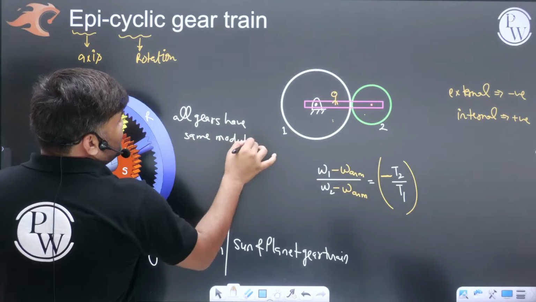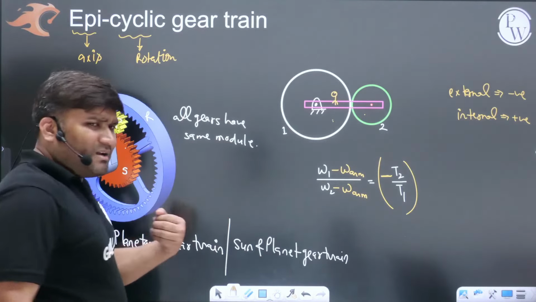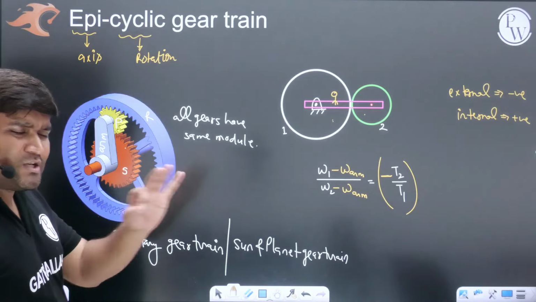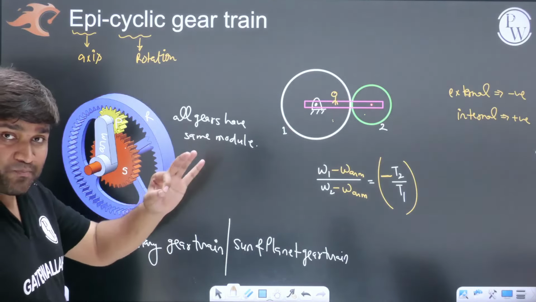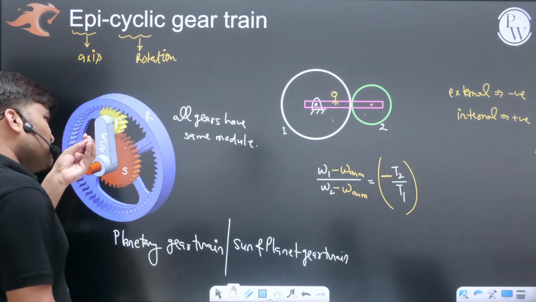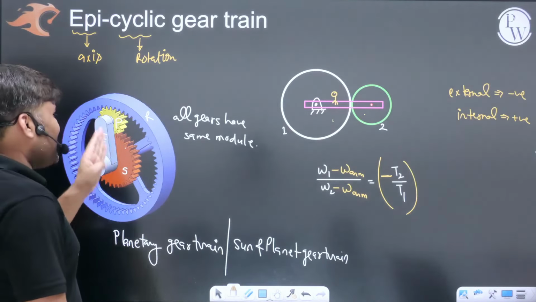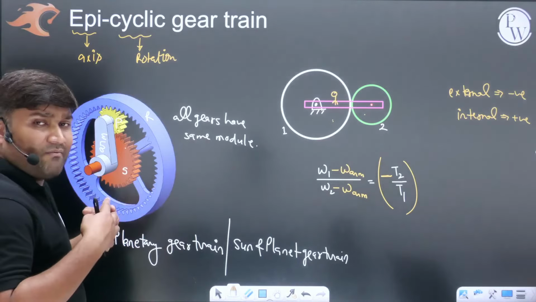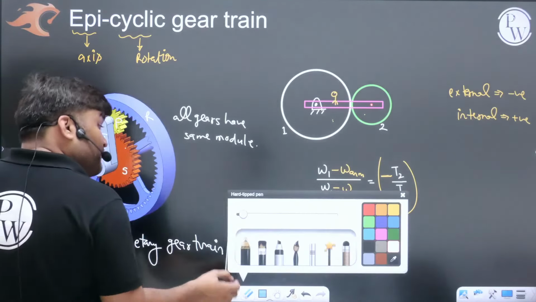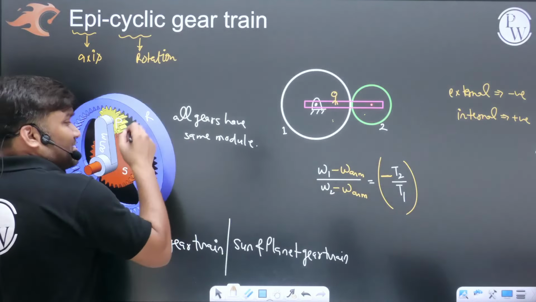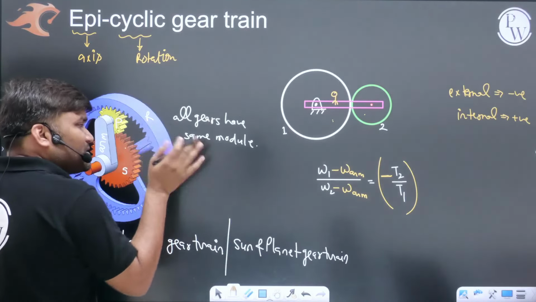The examiner need not give it in the exam. They don't need to write this in your question, beta. It is a common sense matter. It is self-understandable that all gears are meshing, so they are going to have the same module. And if they have the same module, whatever is the relation between their radii, the same you are going to have in teeth.